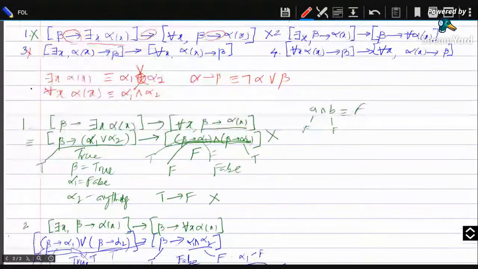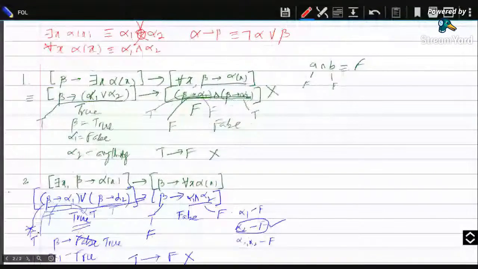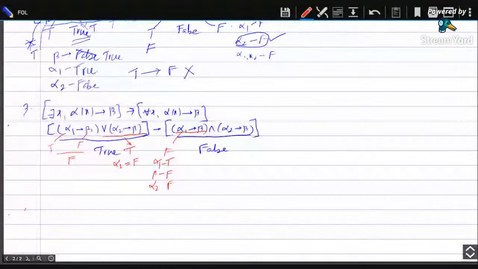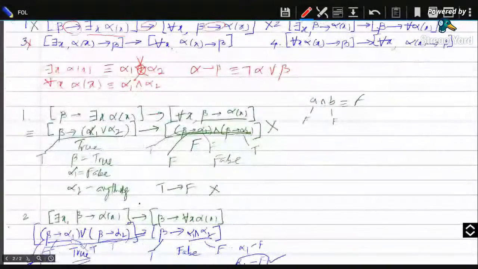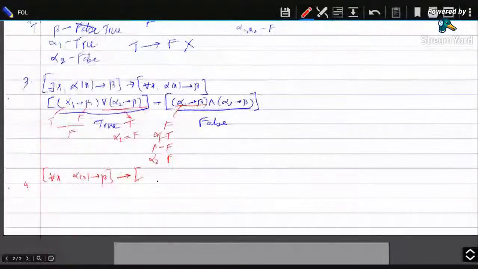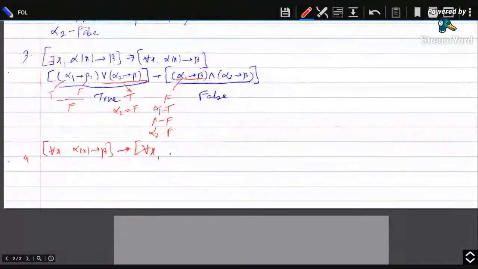Now looking for the fourth one. It says for all x, alpha of x implies beta, which implies for all x, comma, alpha of x implies beta. Okay, both are the for all.